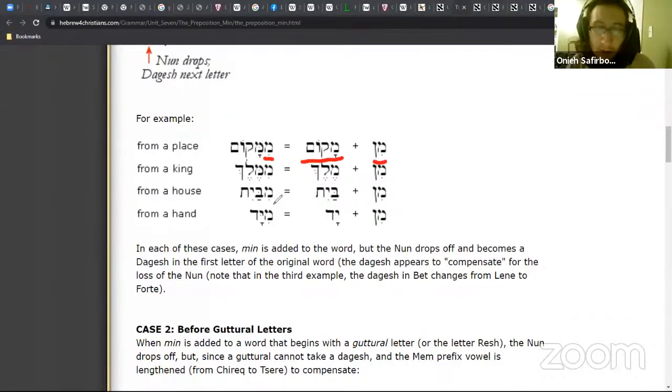And originally it would have been min bayit, but again, the noon drops. And it would originally have been min ya, but the noon is so soft it becomes silent, and so it becomes miyod.